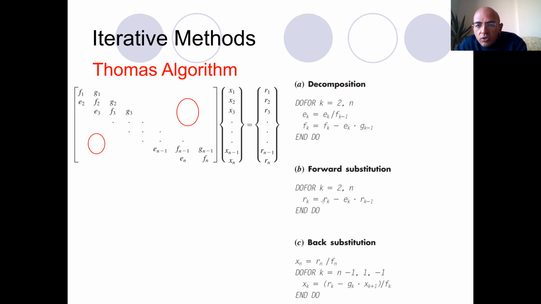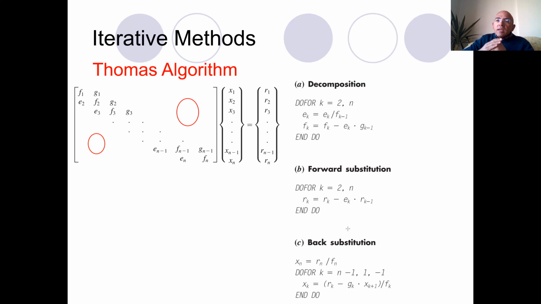First, you apply forward substitution, and then you calculate the new variables, let's say r_k, that is r_k is equal to r_k minus e_k multiplied by r_(k-1). So you are left with the upper diagonal matrix and unknown terms.